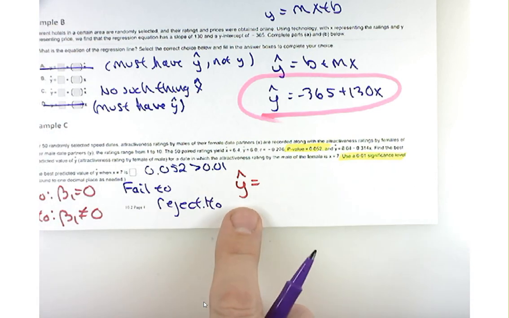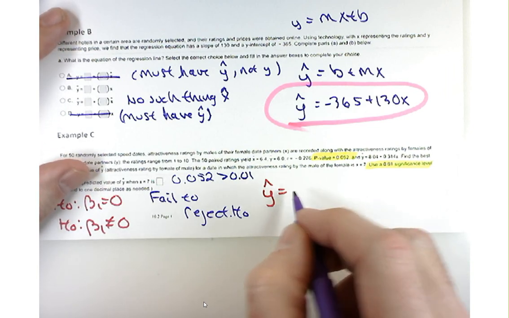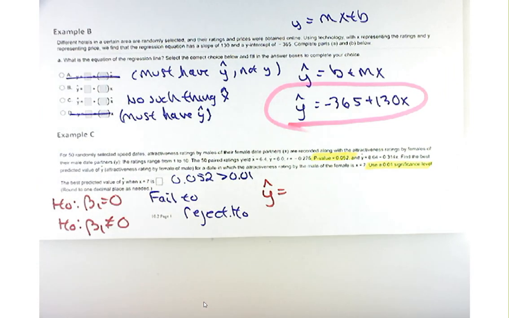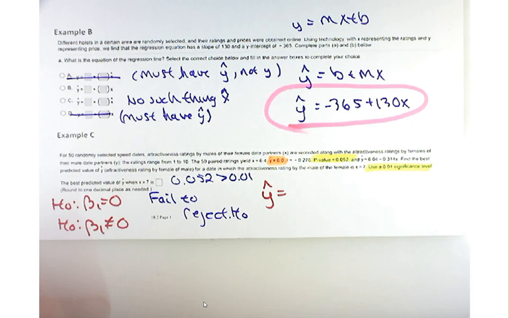That means our Y hat is really going to be the average value of Y. That's it. There's no real prediction here beyond just, well, what's the Y value equal to? And I think they gave us a Y bar of 6.